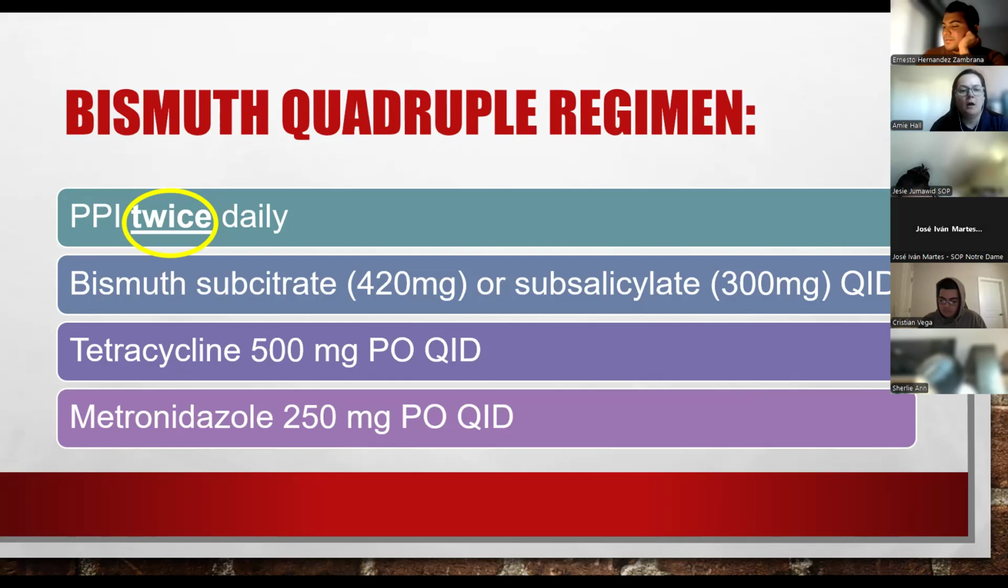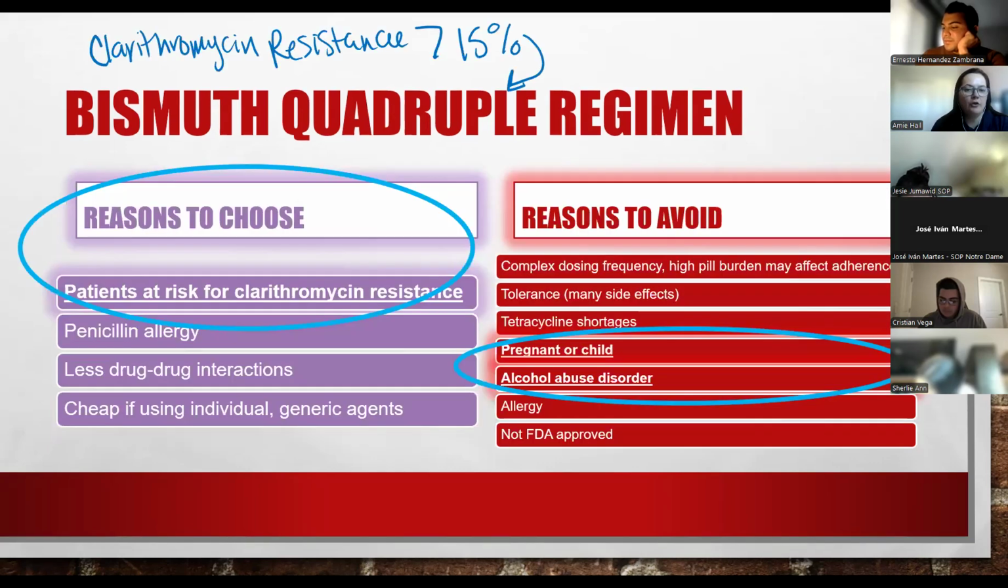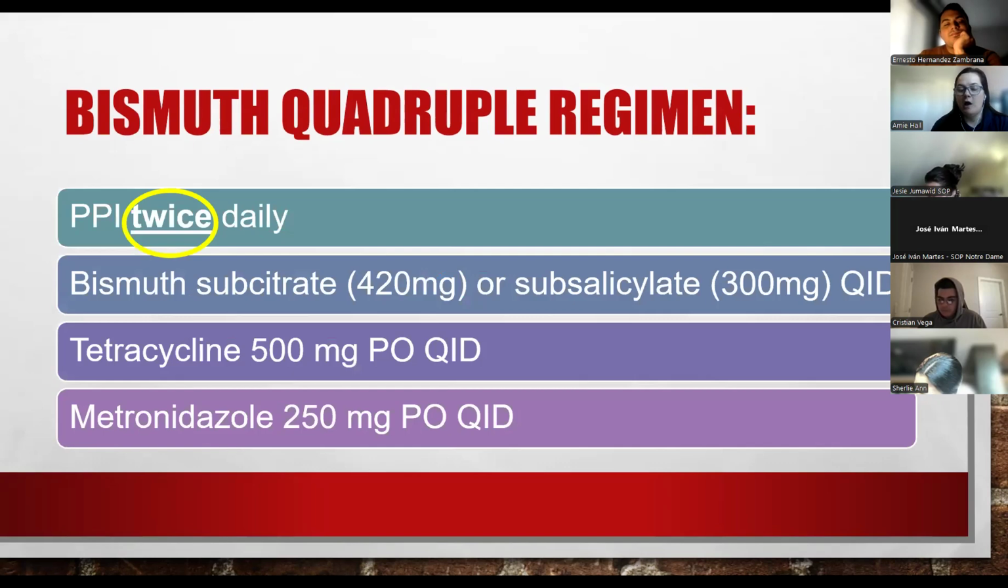So if a patient has an alcohol use disorder, then we would want to avoid this for the risk of that. Funny enough, for as much as we counsel on that drug interaction, it does not happen for every single person. I used to have friends in pharmacy school who would test out that drug interaction and come away unscathed.